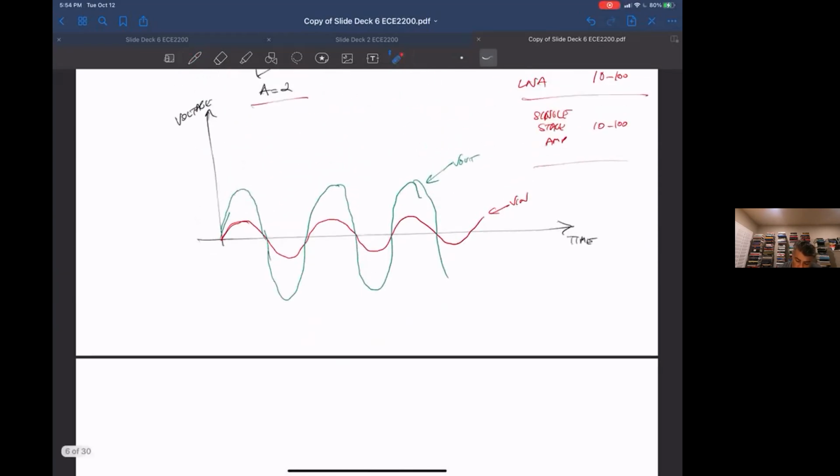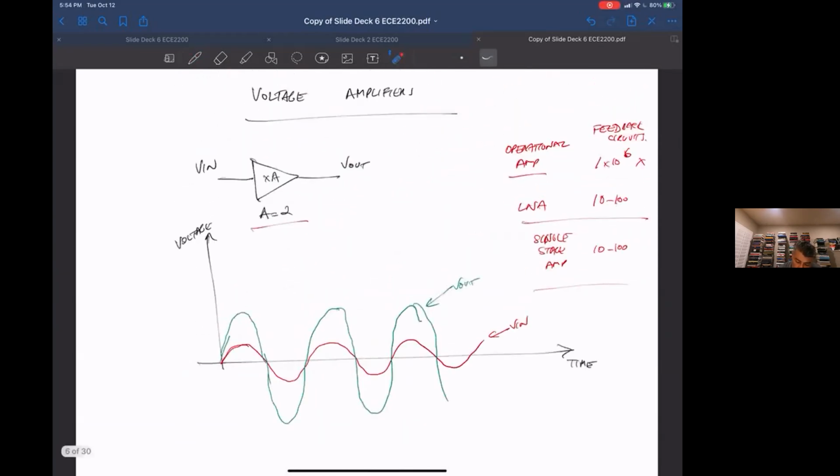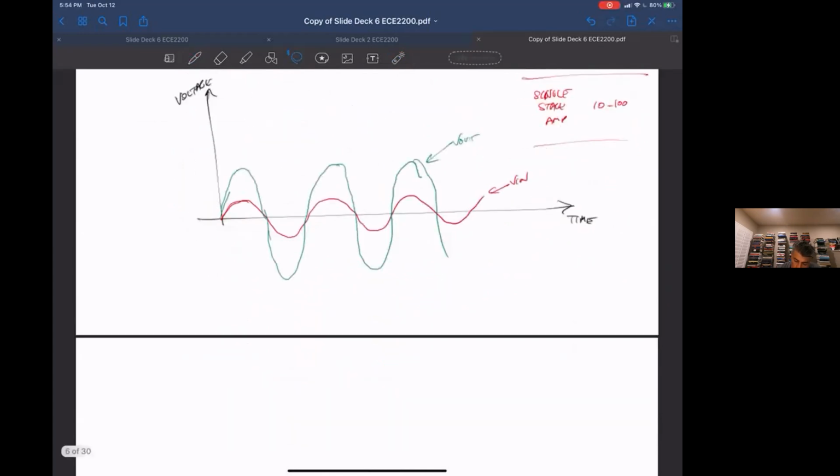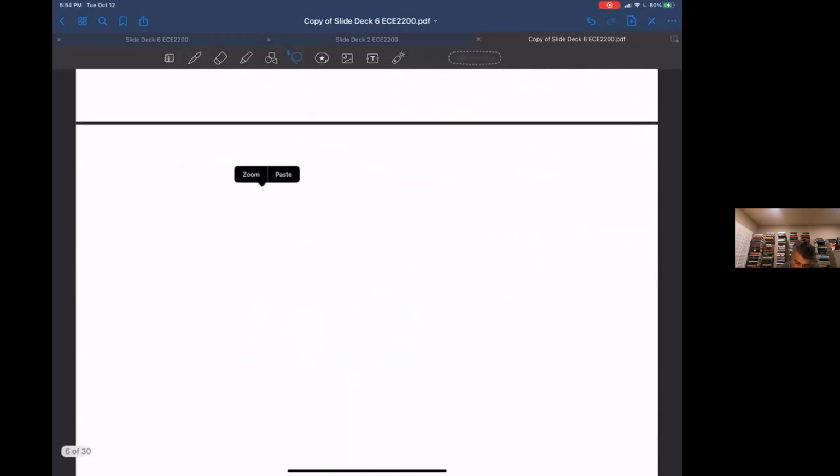Most of the time, the gain is actually like -2, or -1 million. That doesn't mean the output will be 1 million times less or 2 times less. It just means the sign is inverted.